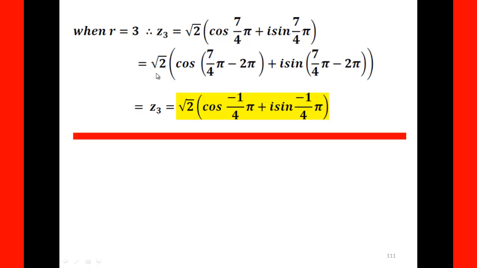So the root equals root 2 cosine 7 over 4 pi minus 2 pi plus I sine 7 over 4 pi minus 2 pi, and 7 over 4 pi minus 2 pi equals negative 1 over 4 pi. So the final form will be root 2 cosine negative 1 over 4 pi plus I sine negative 1 over 4 pi.